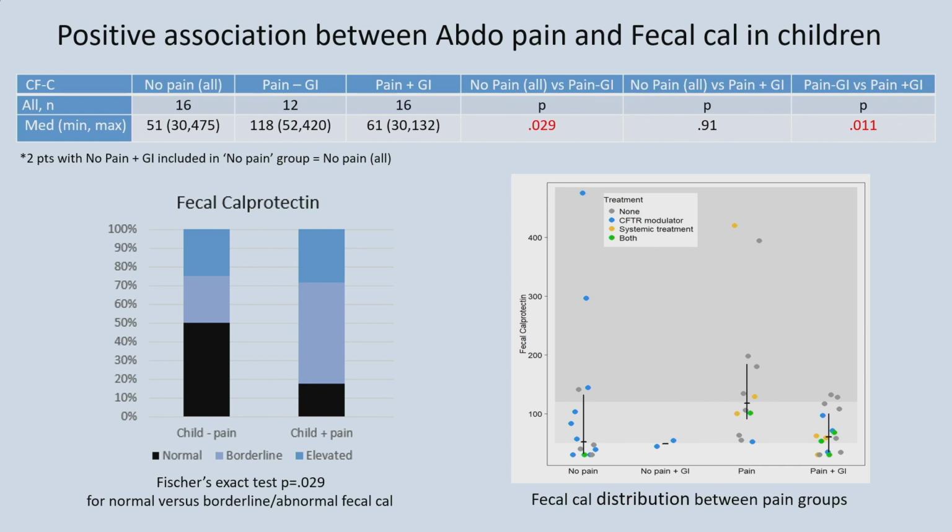Pain plus GI condition essentially means constipation for the majority of these patients, right? In my impression, we're saying that if you have pain and constipation, then likely that pain is related to the constipation, versus pain without constipation, that's more likely to represent inflammation as the cause of the pain. Do you think that would be a fair assessment?